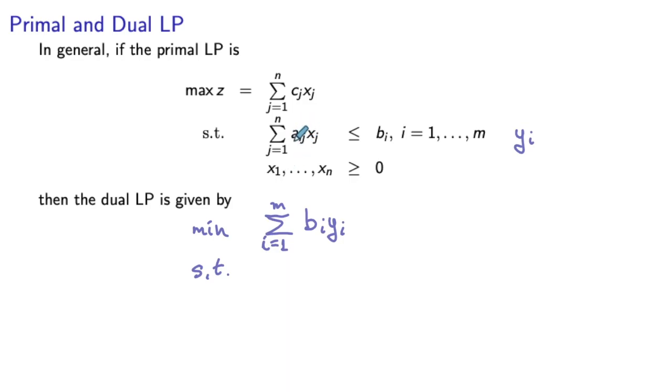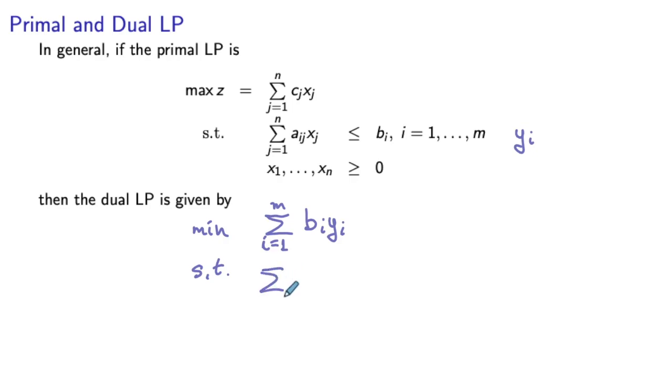If you look at the columns of the primal problem, you have aij's, and we fix j when we look at the column. So you look at the column corresponding to the variable xj, and then i will go from 1 to m. We multiply aij by yi, and we sum up over i.